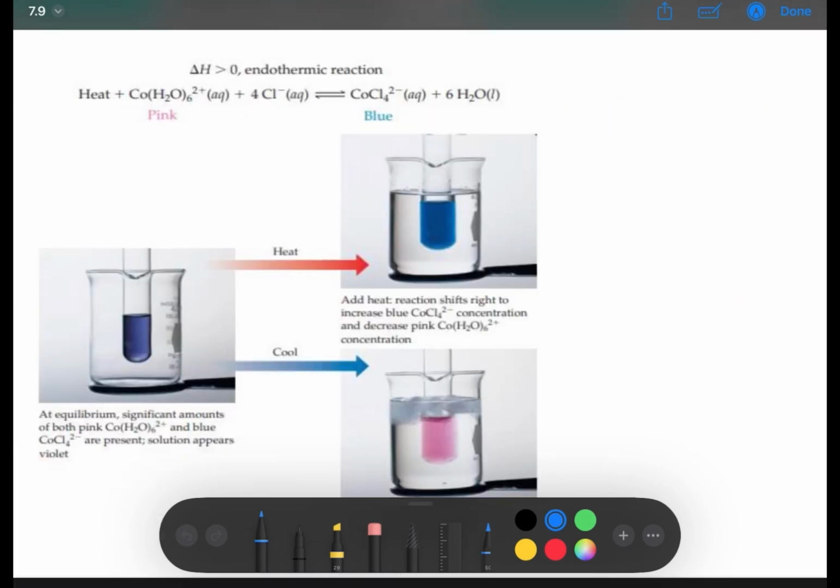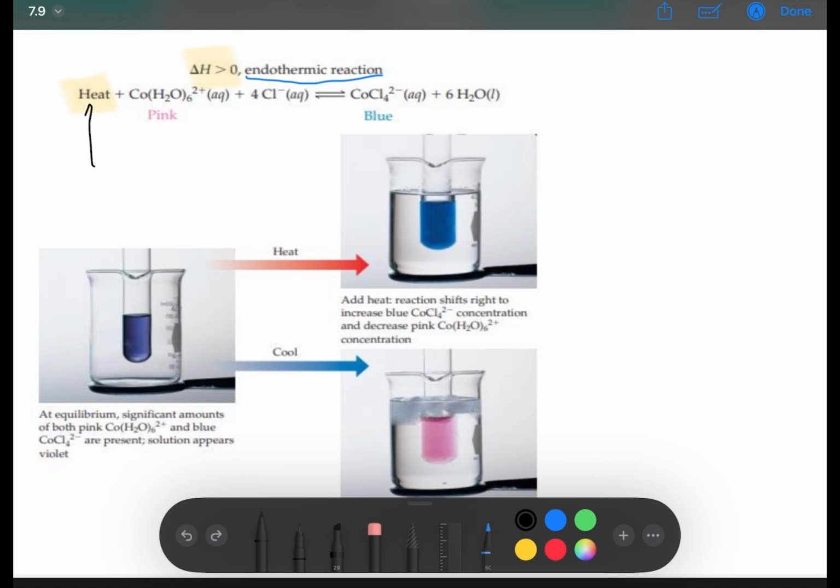Now let's take this beautiful example. As we can see, we have a beautiful reaction that gives different colors based on changing the temperature or even changing the species. Since the value of delta H here is greater than zero, it tells me that this reaction for sure is endothermic. If it's an endothermic reaction, then I have to insert the heat on the reactant side.